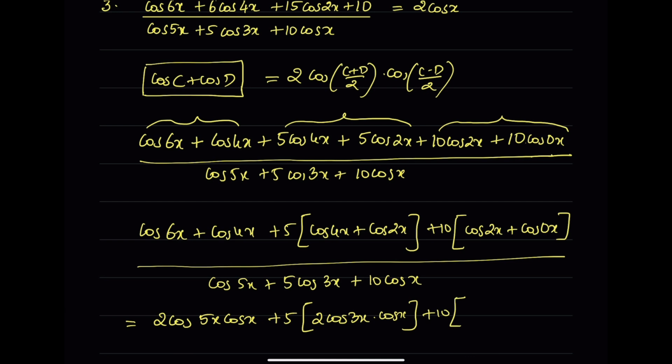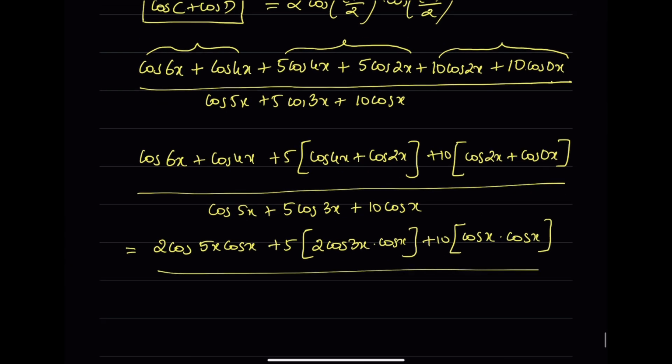Now cos C plus cos D by 2, so this is 10 times cos x, and (2x minus 0x) by 2, again cos x. Okay, and this whole thing divided by cos 5x plus 5 cos 3x plus 10 cos x.